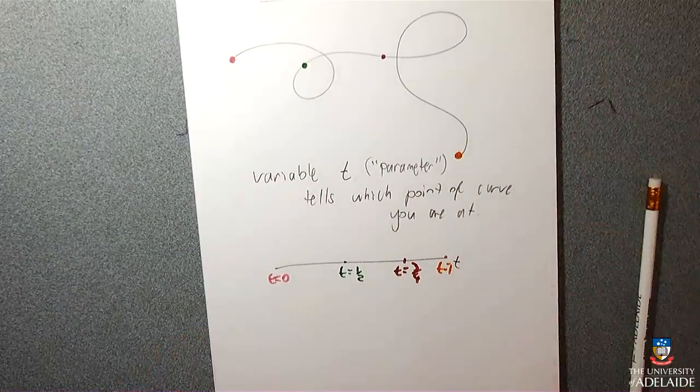So the first thing is to have a formula which tells you what every point is based on the value of t. And the second thing is to think about how quickly a point is moving as t moves, which is why we have related rates nearby, because there is a related rate here: how quickly the x coordinate's changing and how quickly the y coordinate's changing if you are constrained to be on the curve.